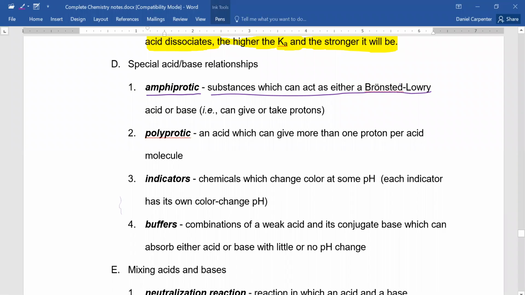Okay, either doesn't refer to Bronsted-Lowry, it refers to acid or base. You remember, according to Arrhenius, acids were H plus and bases gave OH minus. But according to Bronsted and Lowry, acids give a proton and bases take a proton. So something that can give a proton or take a proton is called amphiprotic.